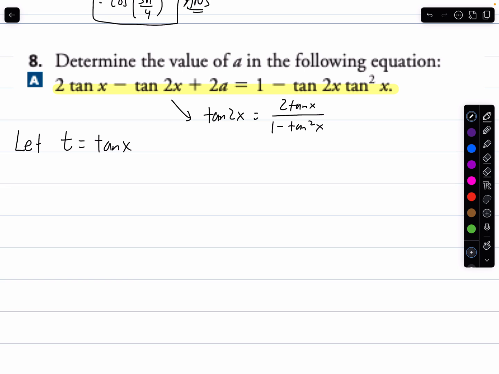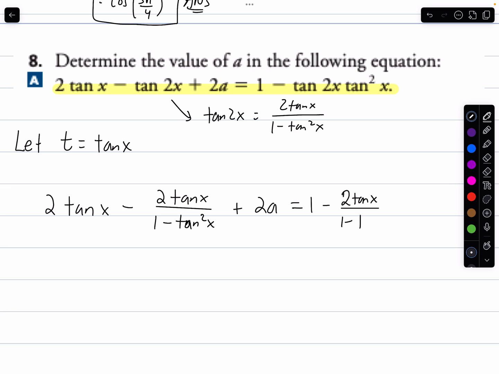So I'm going to rewrite this formula right here. So 2 tan x minus 2 tan x over 1 minus tan squared x plus 2a equals 1 minus, and then tan 2x again, so 2 tan x over 1 minus tan squared x times tan squared x.